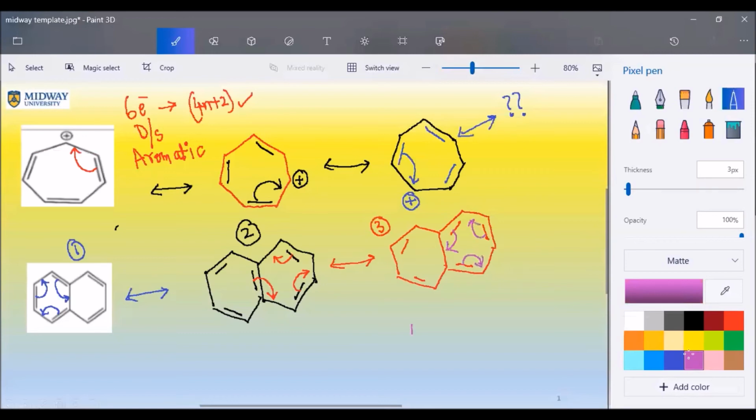I am going to get this, which might look different than anything you have, but the fact of the matter is we've already had this double bond on the bridge, and like I pointed out, whether it's on this side or on this side, it's the same thing. There's only one bridge here.